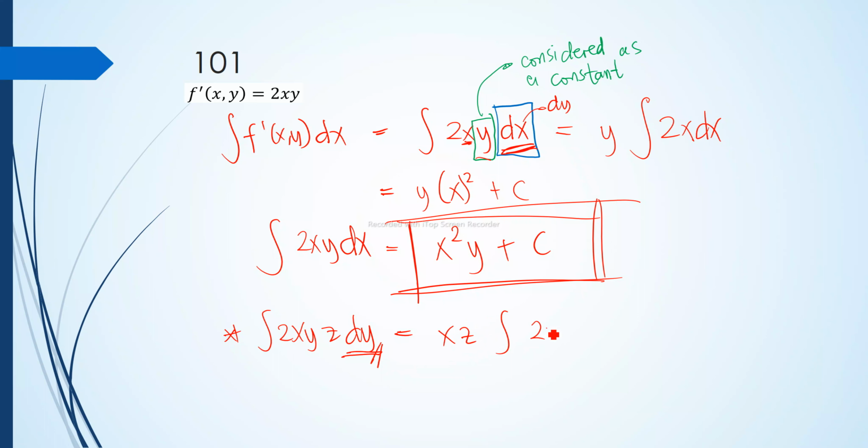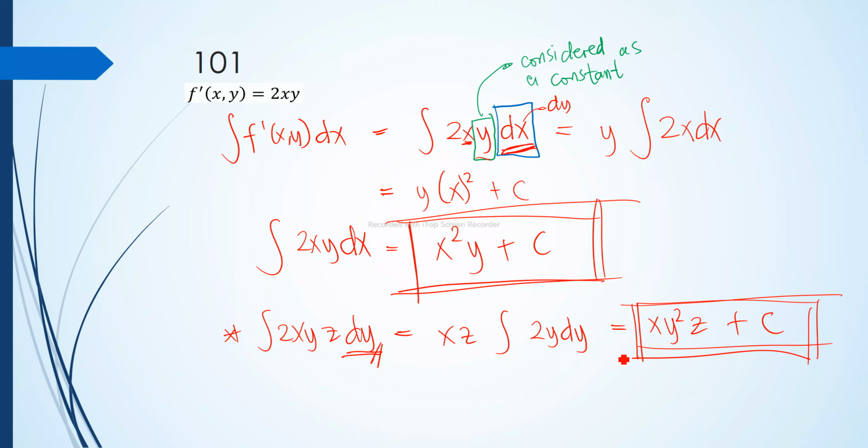Then we will have the integral of 2y dy, and the resulting answer is xy squared z plus c. This will be the general answer. Take note that when writing the final answer, it should be in alphabetical order: x first, then y, and afterwards z.